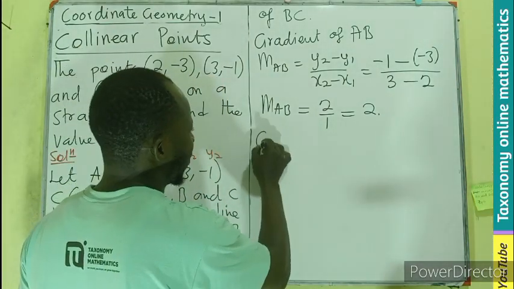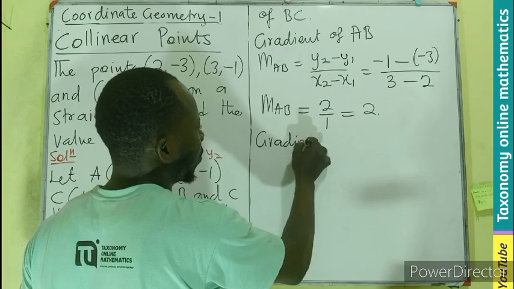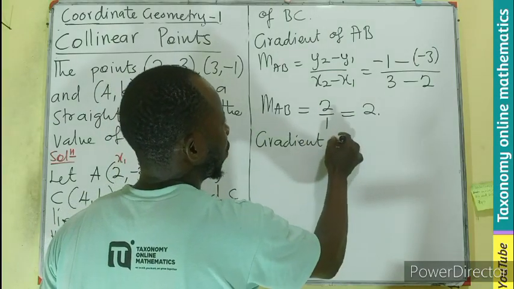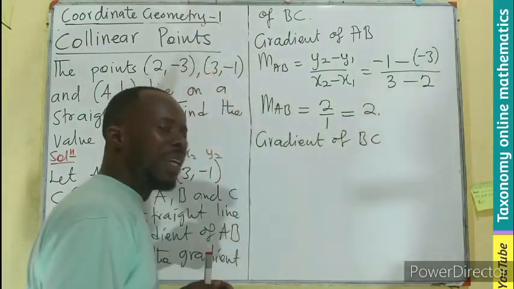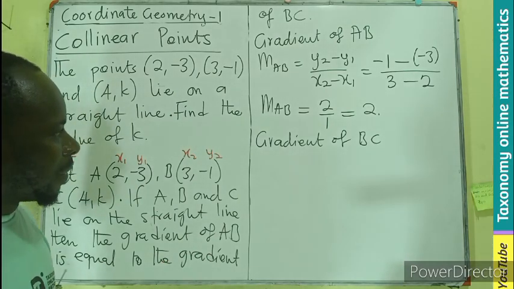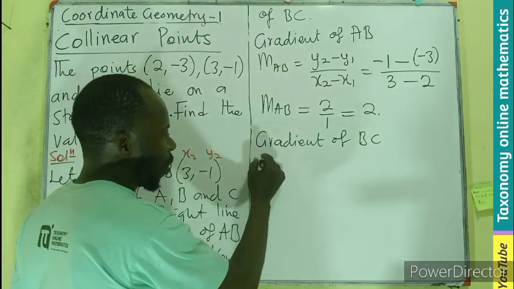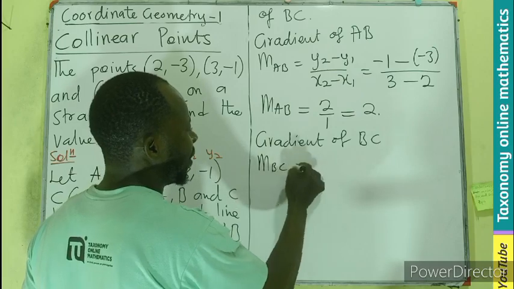Then let's go for the second one, the gradient of BC, which will be M_BC.